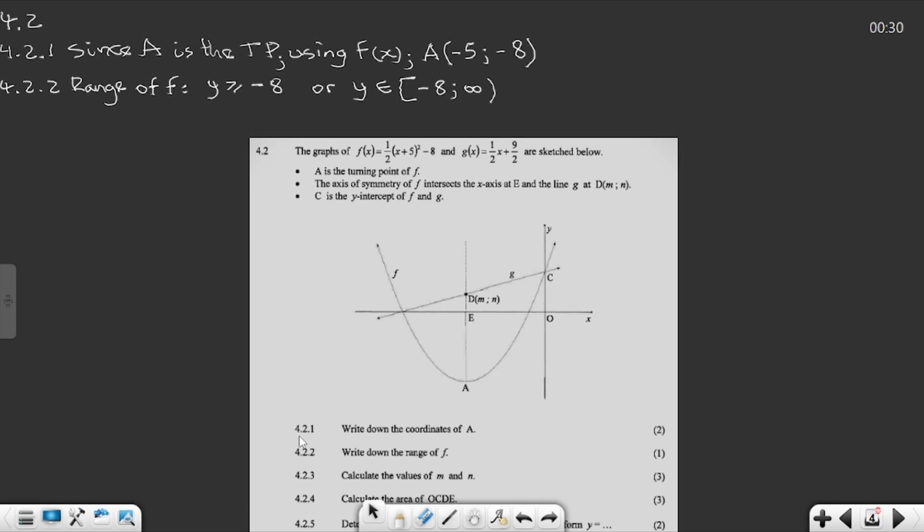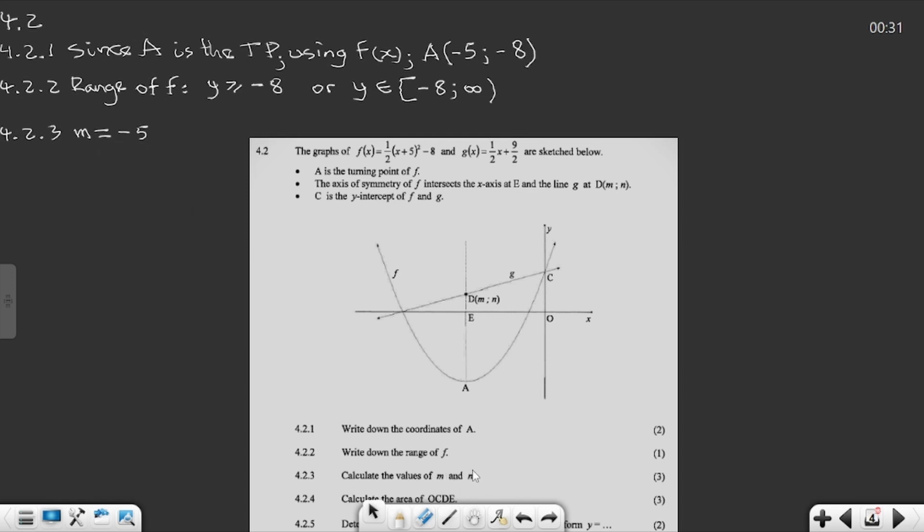From 4.2.1, you solved for the coordinate of A. They were -5 and -8. So this is your x coordinate, which is equal to m. So you know that m is equal to -5. So 4.2.3, m is equal to -5.